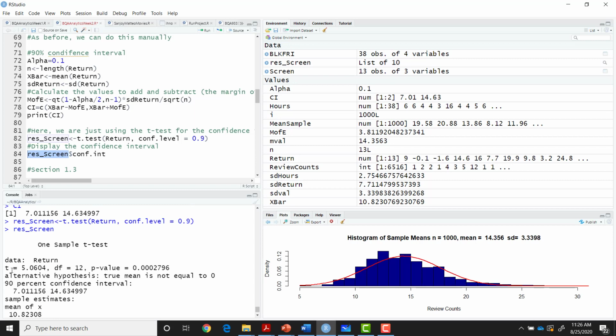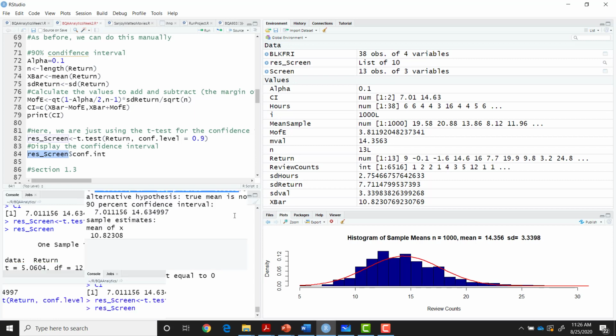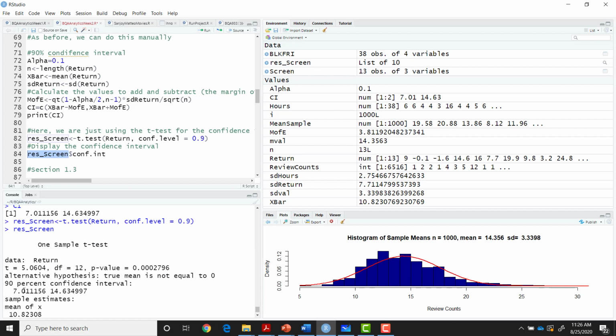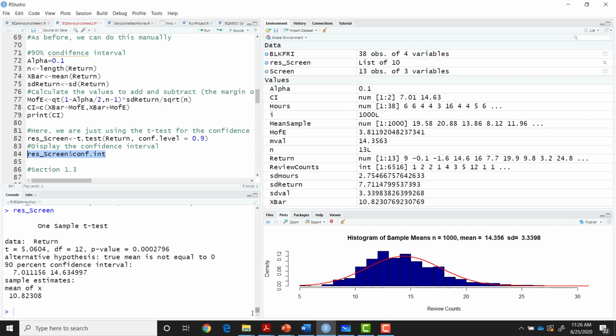The actual test we're not using, so we'll ignore that at the moment. But we get the confidence interval, which is exactly the same as we calculated manually. So we can be 90% sure, or more technically in the long run, 90 times out of 100, that the true mean, given this large population of possible screeners, is between 7 and 14.